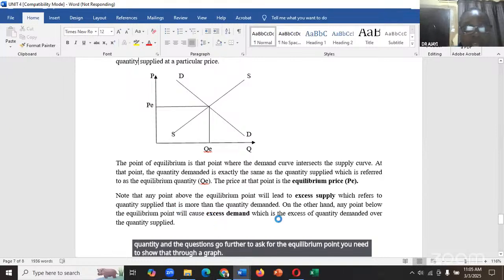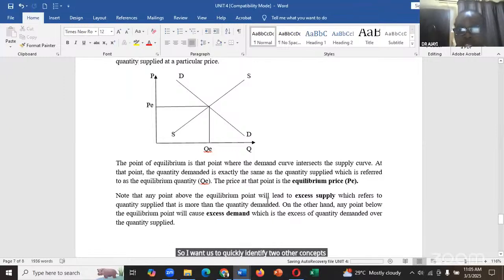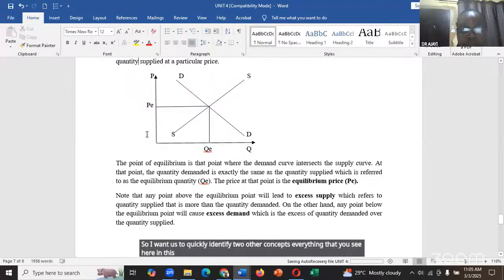So I will want us to quickly identify two other concepts. Everything that you see here in this material, any concept that you see here that is bolded, it means pay attention to that concept.